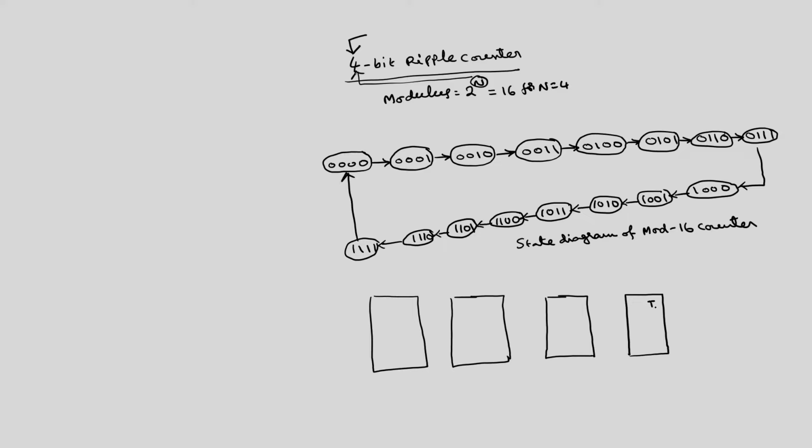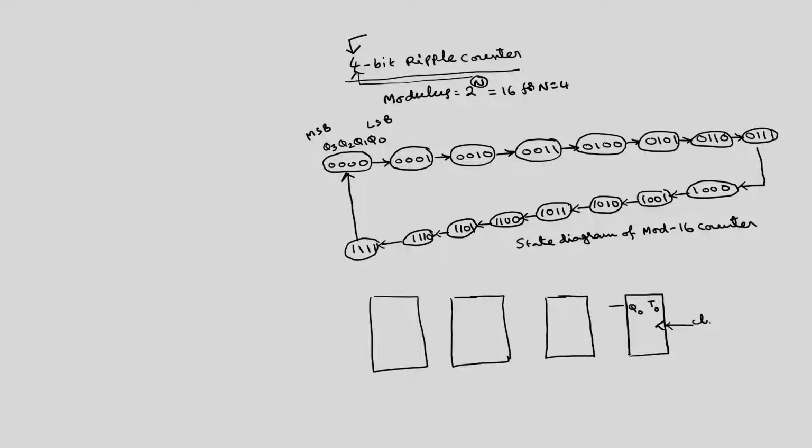I will start with T0, because these outputs will be called Q3, Q2, Q1, Q0. This is the MSB, this is the LSB. The output of this one is Q0. This will require the clock.